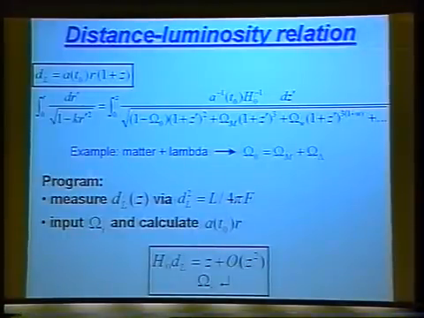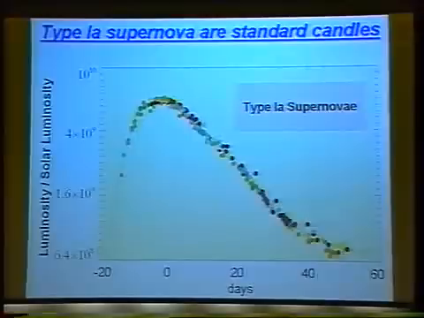The first thing we need to do this program are objects for which we know the luminosity. We need standard candles, and it's believed that the standard candles are provided by type 1a supernovae.